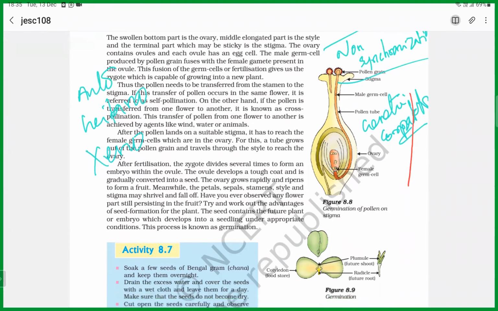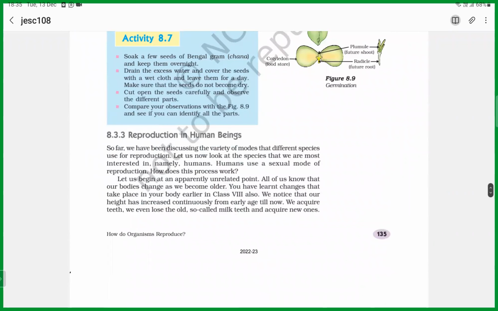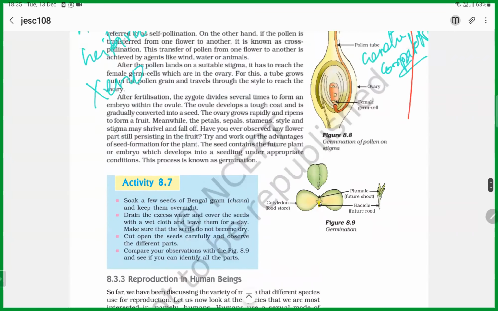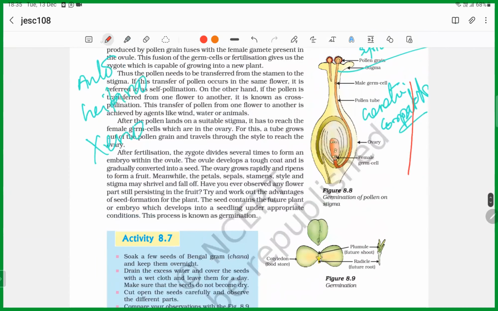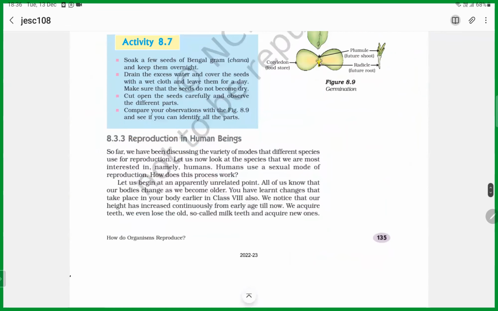Just for your understanding, let me draw that structure. This structure alone I'm going to draw, to make you understand what is double fertilization.